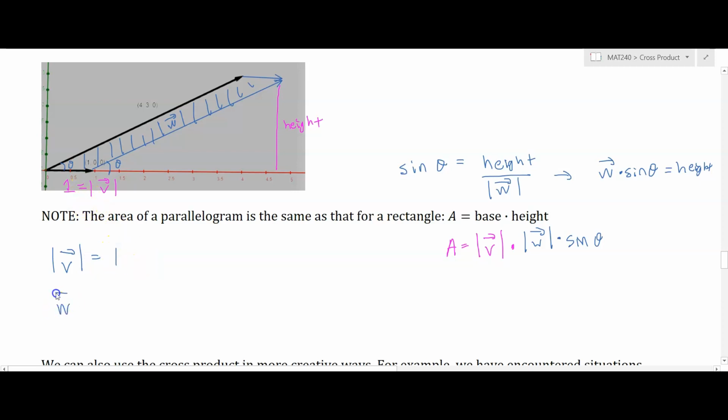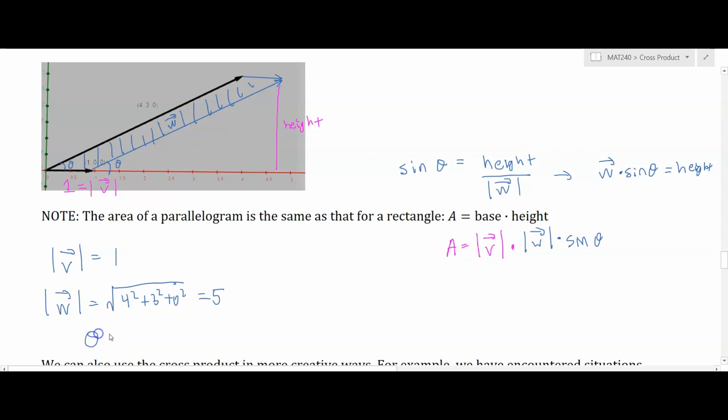The magnitude of w, calculated in the normal way, would be the square root of 4 squared plus 3 squared plus 0 squared. So that's going to give me 16 plus 9 is 25. The square root of 25 is 5. And to calculate theta, the angle between the two vectors, we know that we can use the law of cosines to do that.